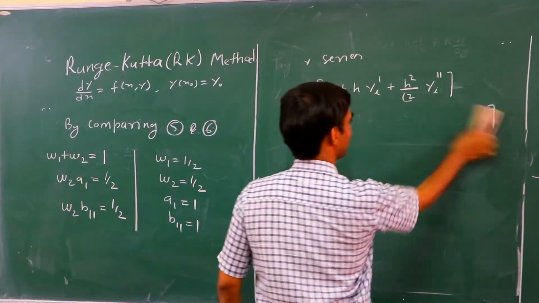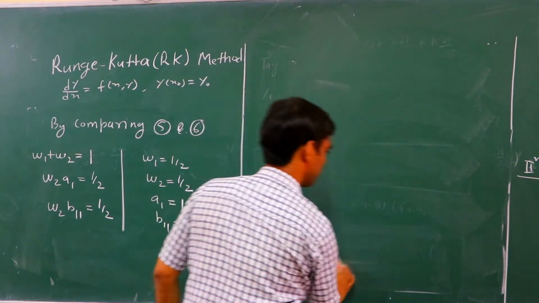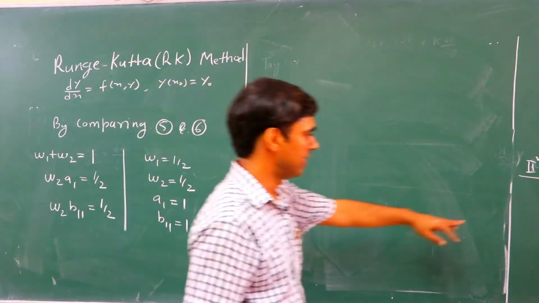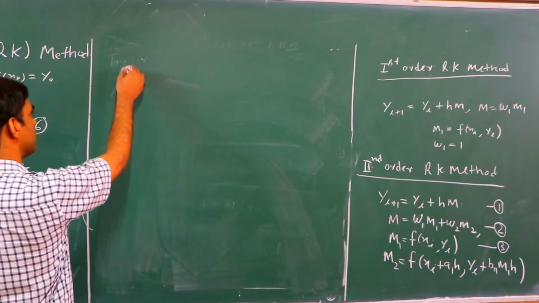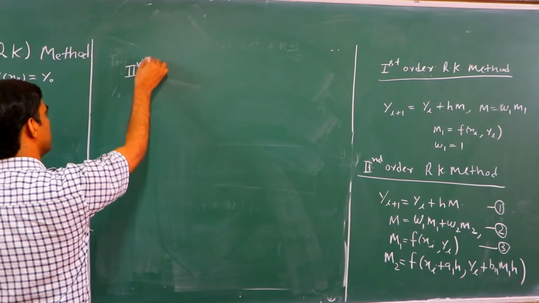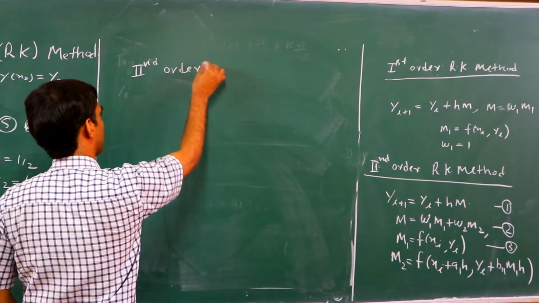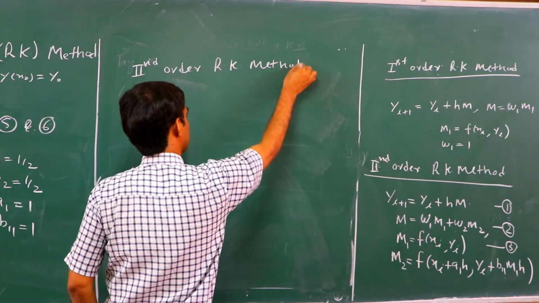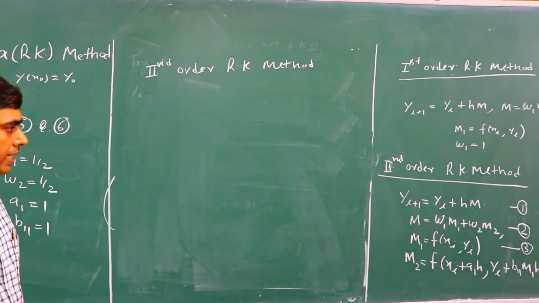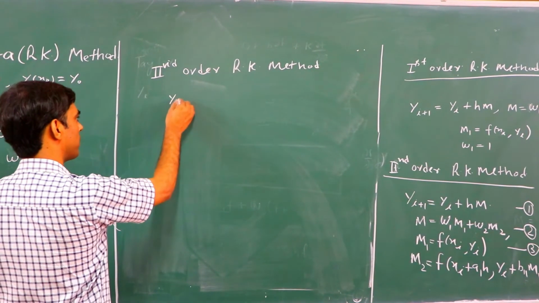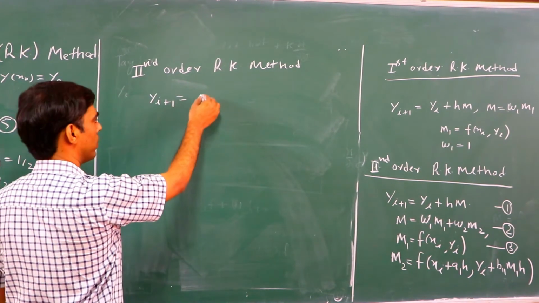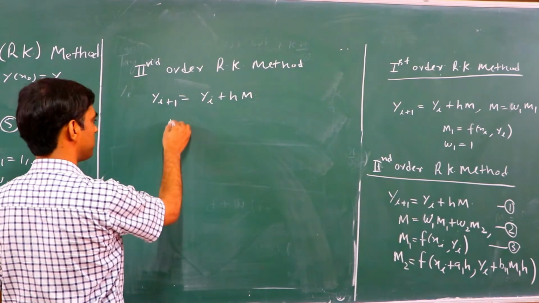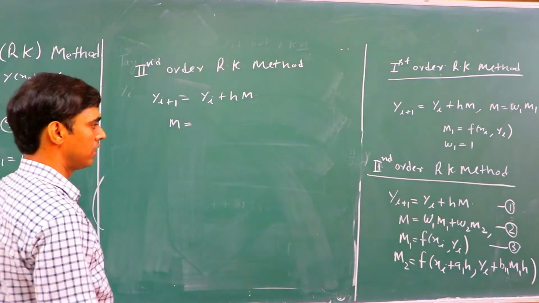So what is the iterative scheme of a second order RK method? In a second order RK method, y i plus 1 equals y i plus h times W1 m1 plus W2 m2.